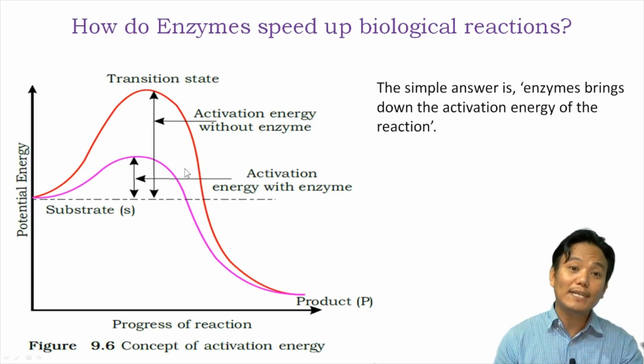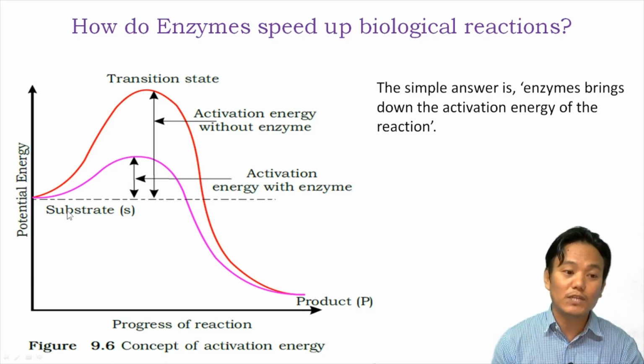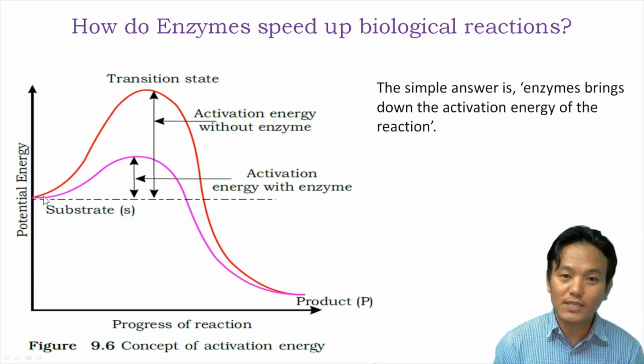Now if we add enzyme to the reaction mixture, the substrate does not require much energy to reach the transition state. The activation energy required in the presence of enzyme is very low.